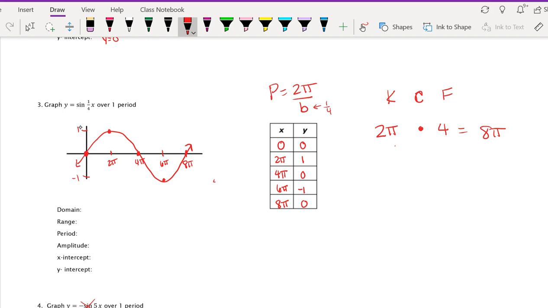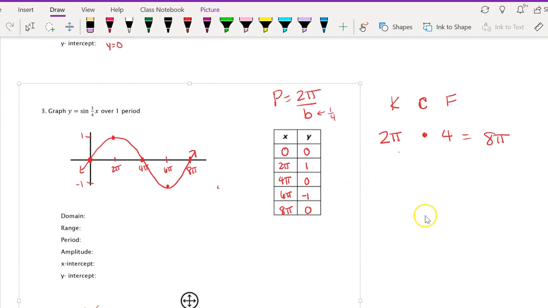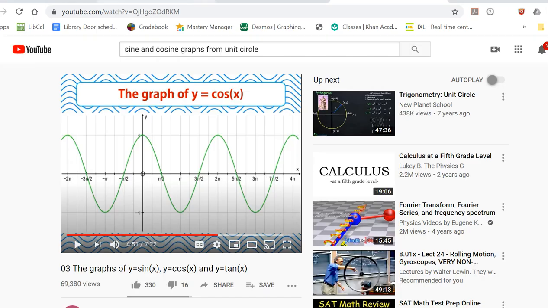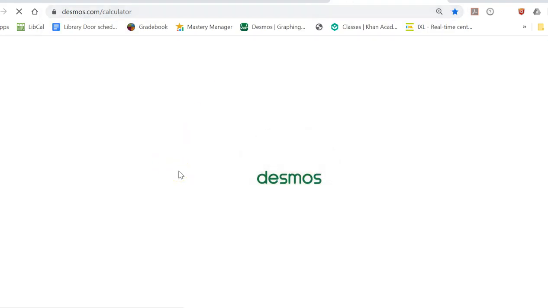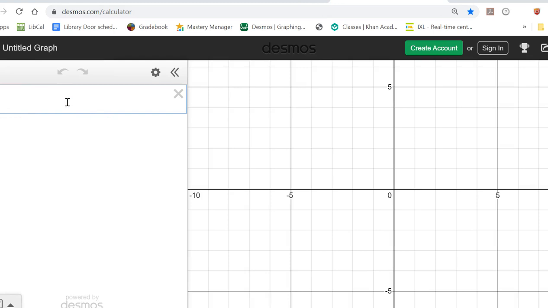Okay. One other thing that I wanted to show you real quick, and I know that this is a lengthier video, but I promise I'll keep the assignment short. If you look at this on Desmos, so the parent function is y equals sine x.